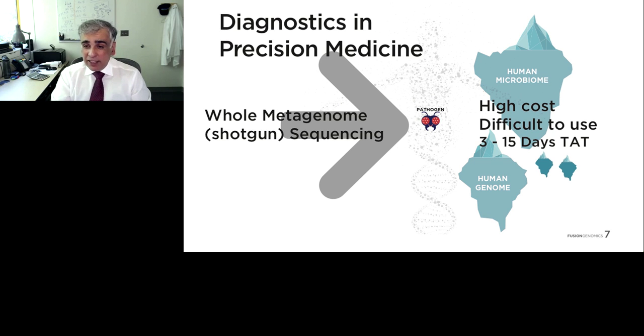Why? Because it has a high cost. Yes, we understand that if the median cost of a hospitalized patient can be in the thousands of dollars, you can spend a couple of thousand dollars to diagnose them. But there are added problems: it is still difficult to use. One of the reasons is all the data that it will generate, and then you have to sniff through all that data to find the pathogen in question.